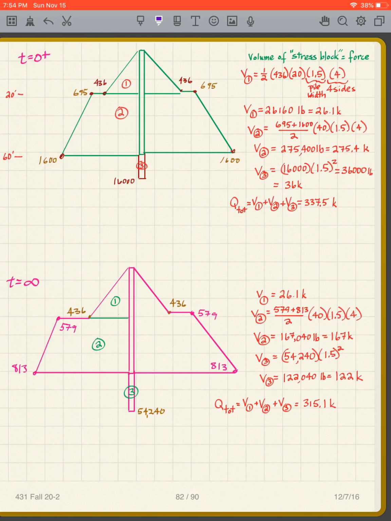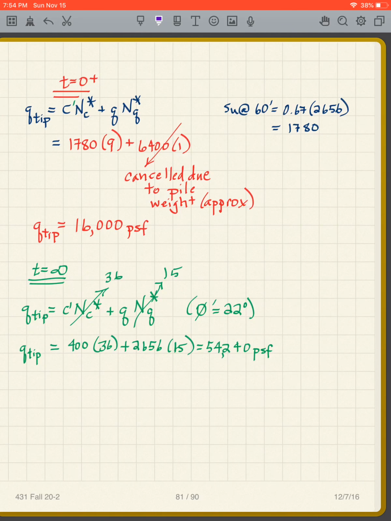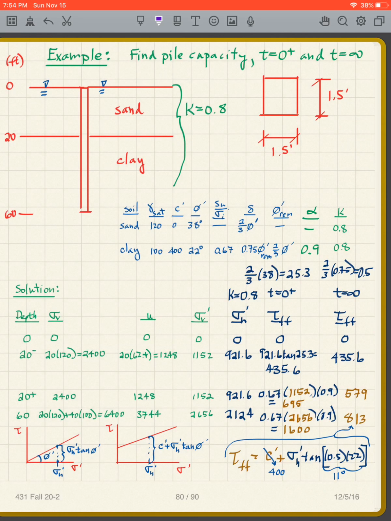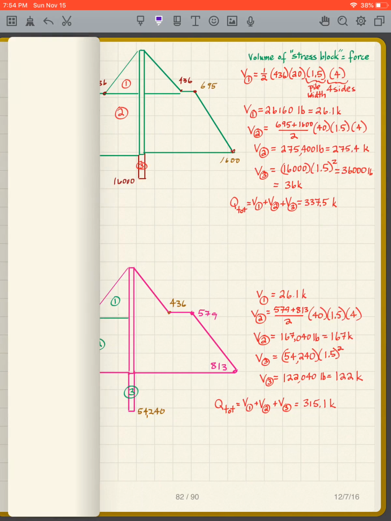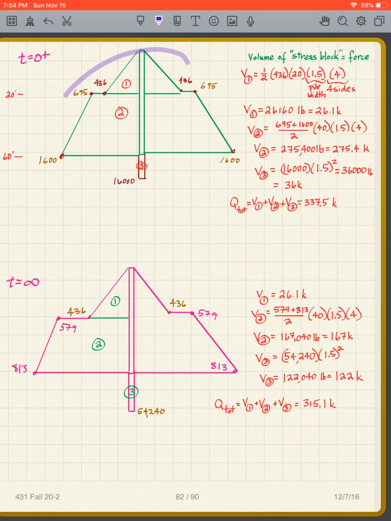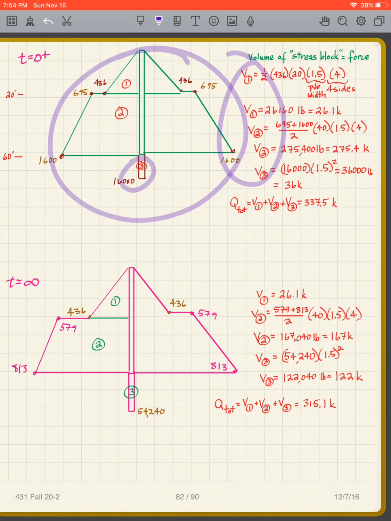I now plot these values up. So in other words, I'm plotting these, and I'm plotting these. T equals 0 plus, T equals infinity. When I get these, I'm going to get the volume of 1, 2, and then 3 at the tip. Okay?